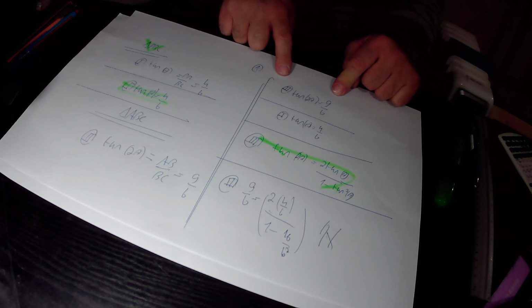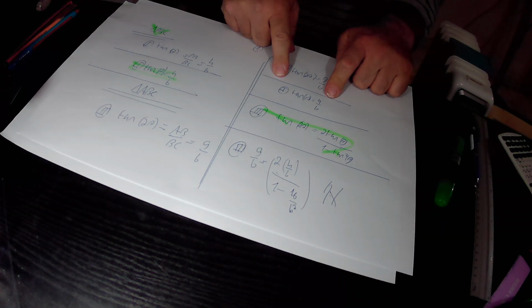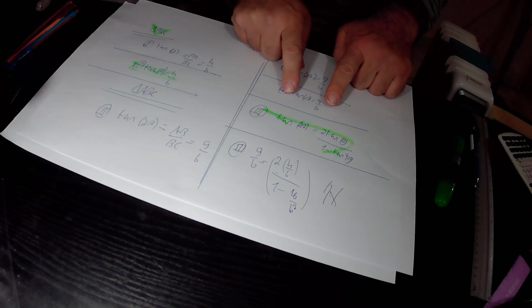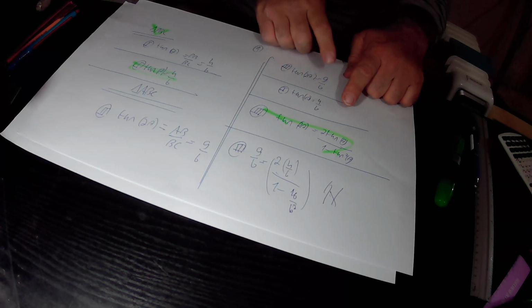According to equation 2, tan 2 theta equals 9 over B, and according to equation 1, tan theta equals 4 over B. We have the trigonometric identity that tan 2 theta equals 2 tan theta over 1 minus tan square theta.